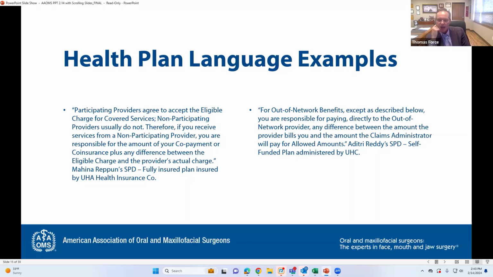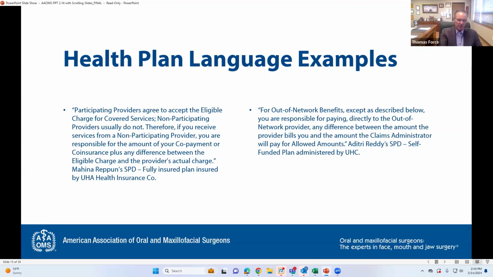It says for out-of-network benefits, you are responsible for paying directly to the out-of-network provider any difference between the amount the provider bills you and the amount the claim administrator will pay you. That's the balance bill amount. More frequently, you see general language that requires the members, whether it's fully insured plan or self-funded plan, to pay their deductible, coinsurance, and copays, and even sometimes non-covered services.